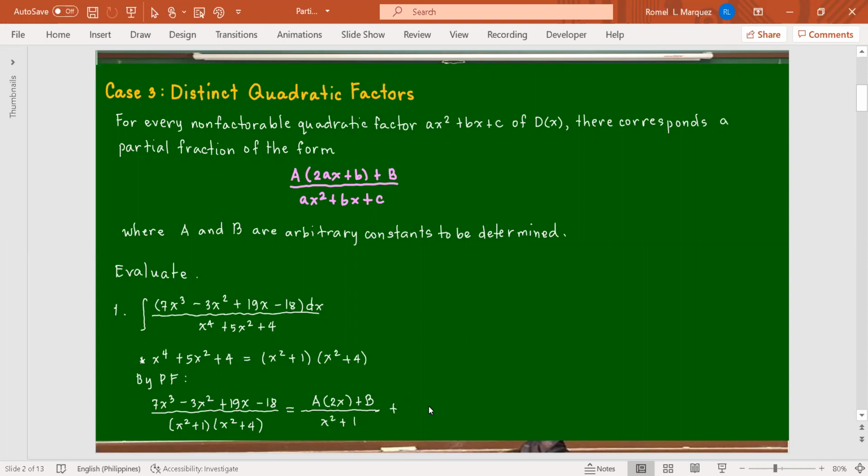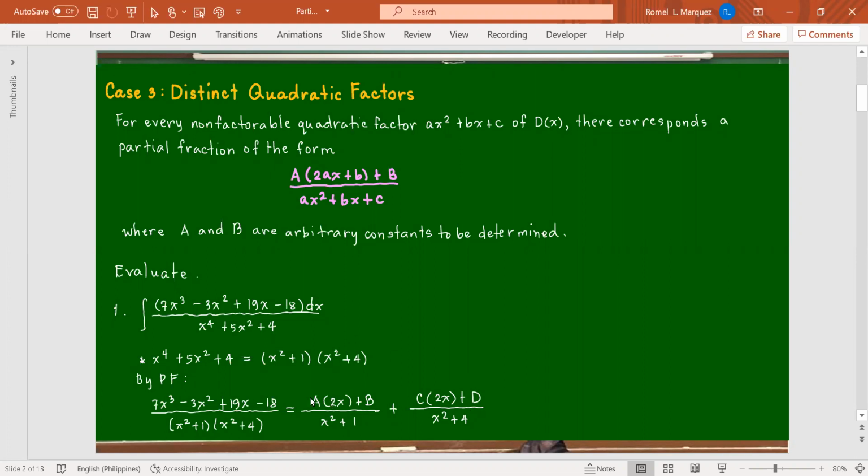And for the second one, we have C times the derivative of x squared plus 4, so that is 2x, then plus D, all over x squared plus 4. So this is how we decompose corresponding to its quadratic factor, okay?